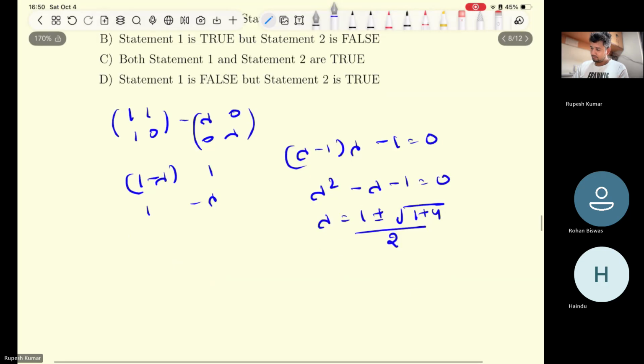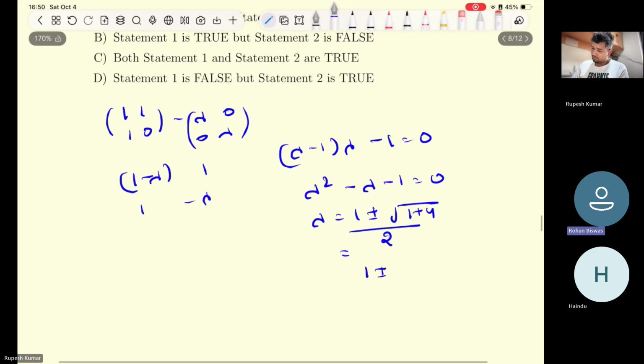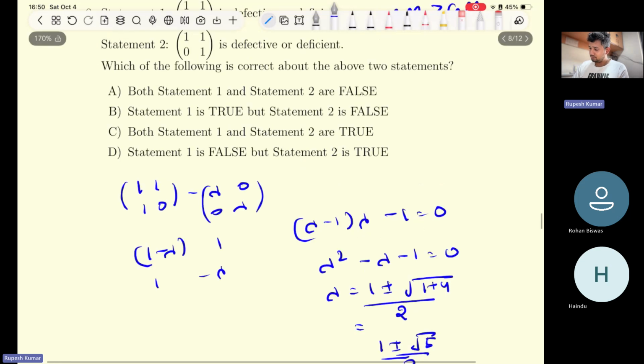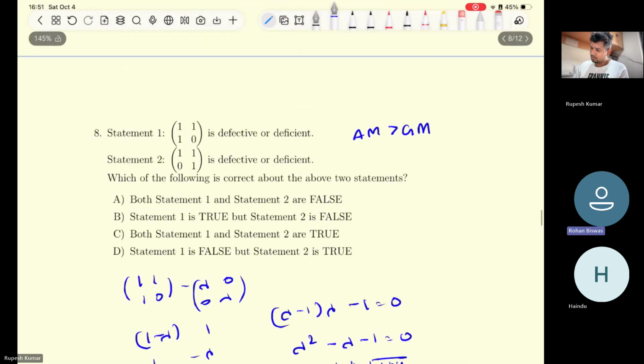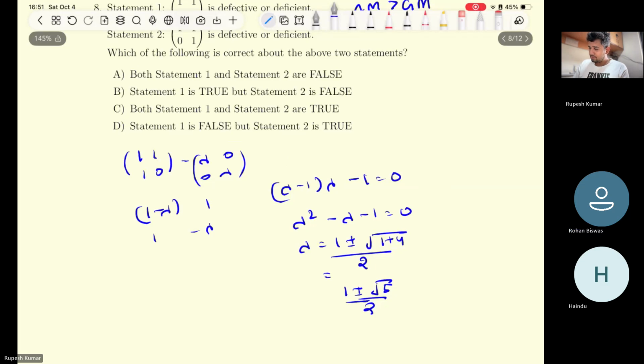B square minus 4ac, plus 4, right? So this is 1 plus minus root 5 by 2. So we have two distinct eigenvalues, right? So GM will be 2 here. So it will not be defective.